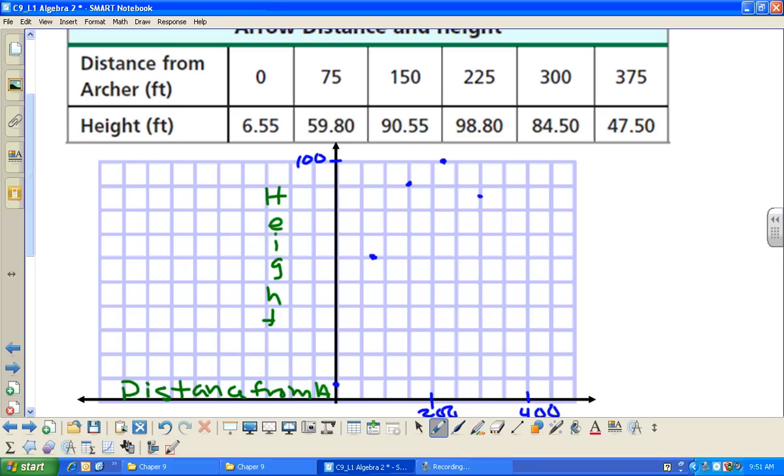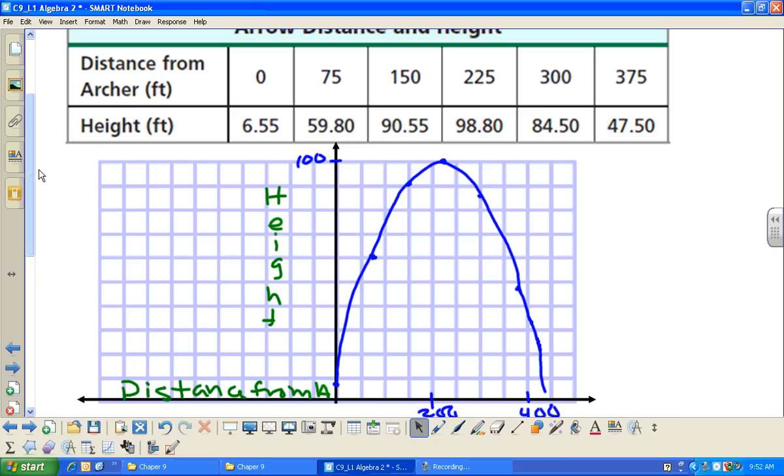And at 375, it's close to 50. A little less. So if I connect my dots here, and if I keep on going down, roughly, that's not that great.